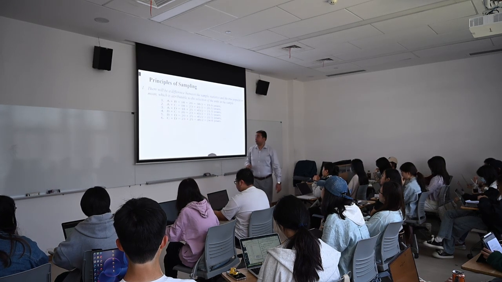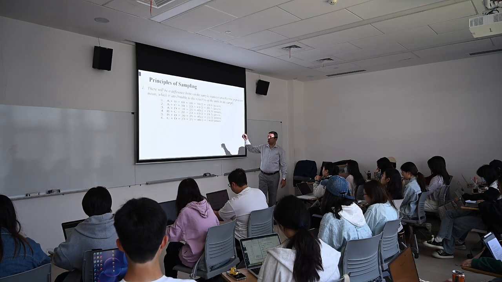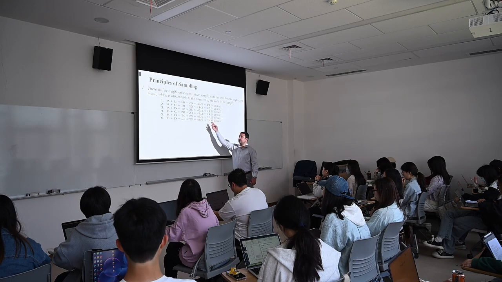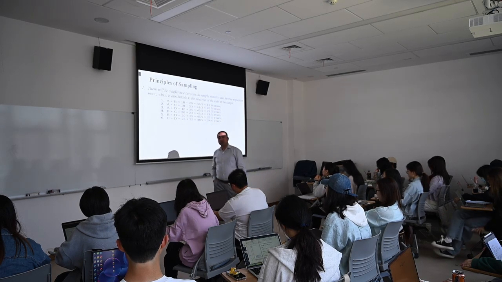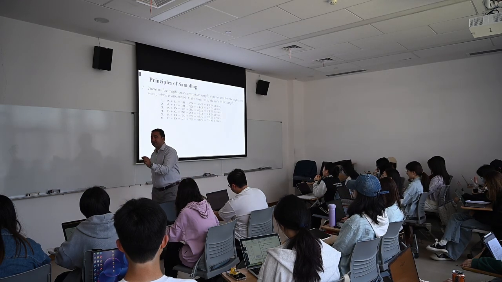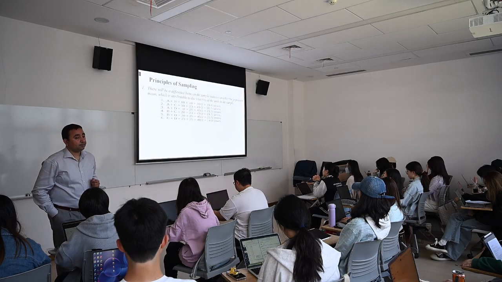For example, A is 18 years old, B is 20, C is 23, D is 25. So now you want to know the average age of these 4 people.